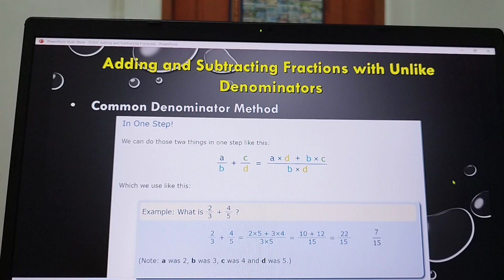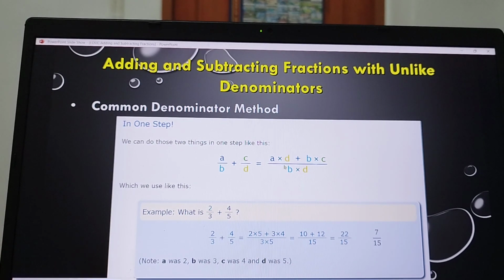Example here. 2/3 plus 4/5. So 2 times 5 plus 4 times 3, right? Over 3 times 5.